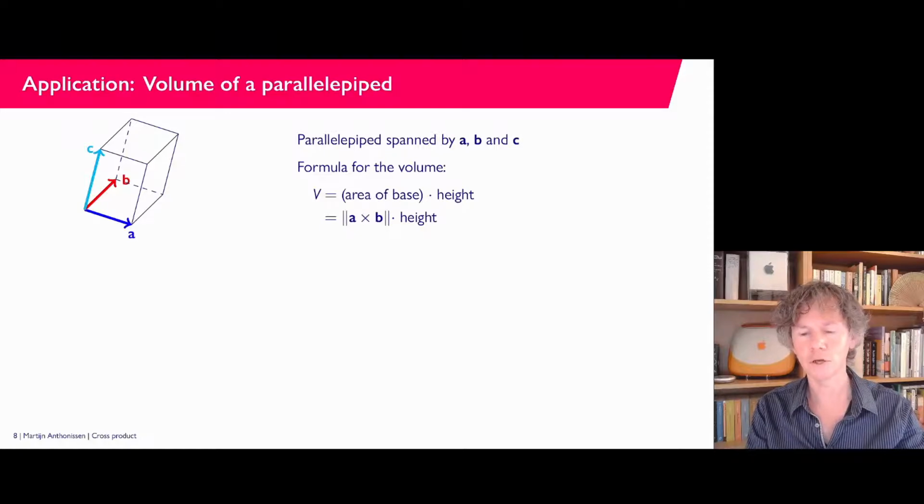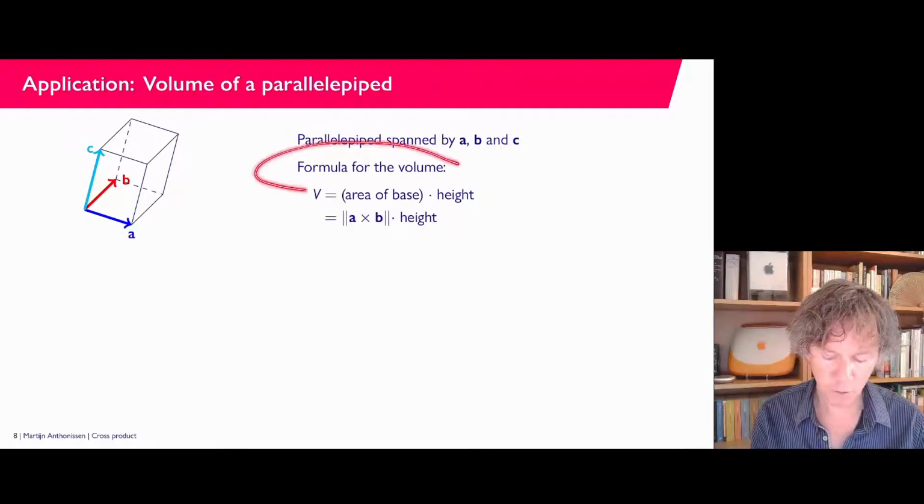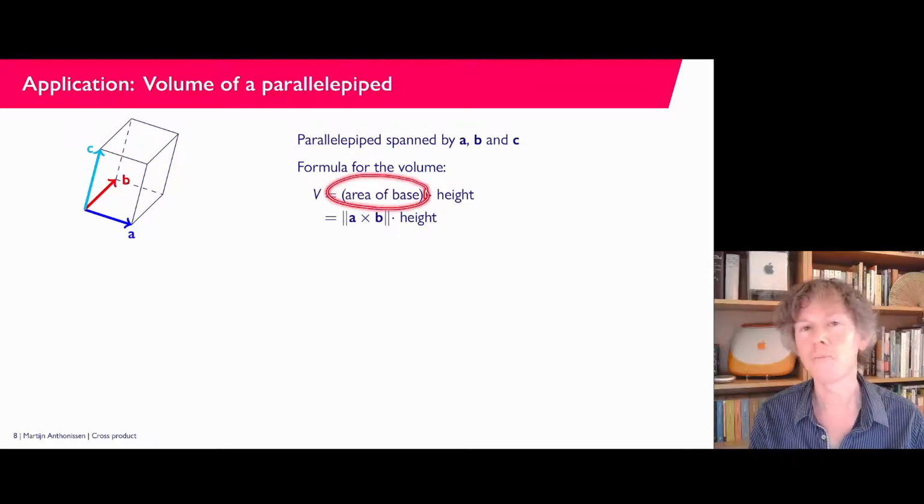So just three vectors, and they span a volume. And for this volume, we can also find an easy formula, because the volume is the area of the base. Well, the base, that's the parallelogram that we just covered on the previous slide. So we already know that's the length of A cross B times the height.